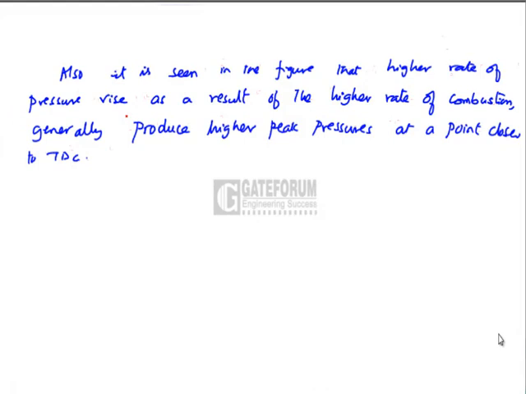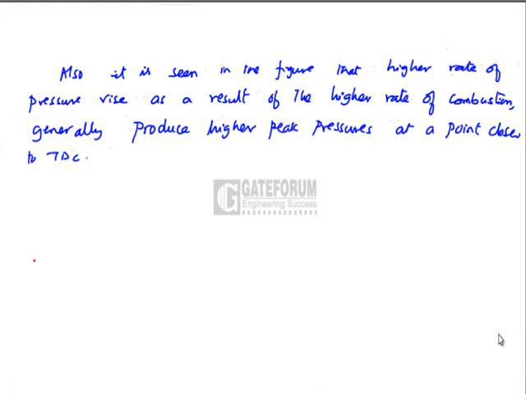So, this results in the peak pressure being reasonably close to the beginning of the power stroke, yet maintaining smooth engine operation. So, the bottom line of the discussion is, if the rate of combustion or the rate of pressure rise is too low, we do not get much work output from the engine.